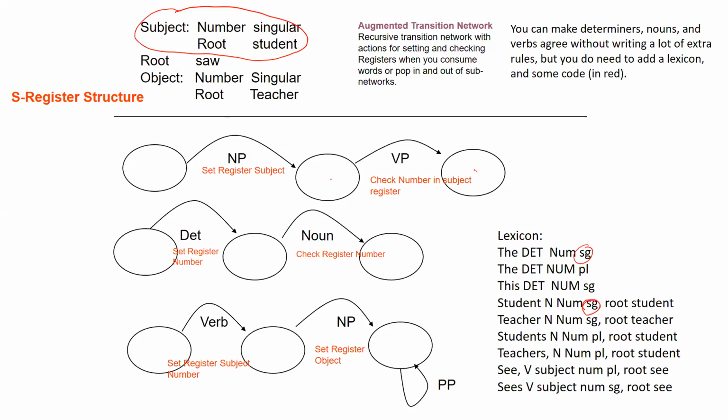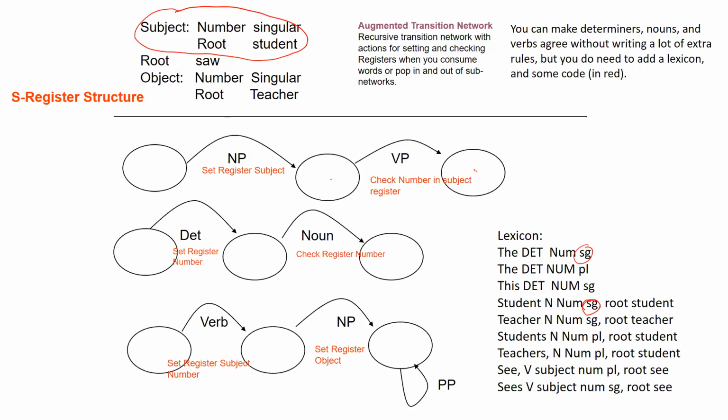So that information about the noun phrase being singular, and the information that we discovered about the verb being for a singular subject, has now percolated up to a place where the noun phrase and the verb phrase can see each other.